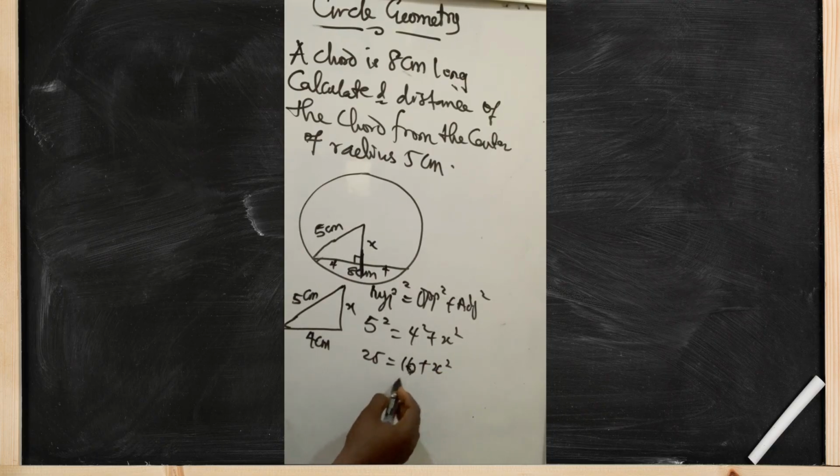By the time you collect like terms, you have x square equals 25 minus 16, x square equals 9, x equals 3. So the value of the distance between the chord and the center of the circle is 3 centimeter. I hope you understand this question. It's very simple, straightforward, and easy.